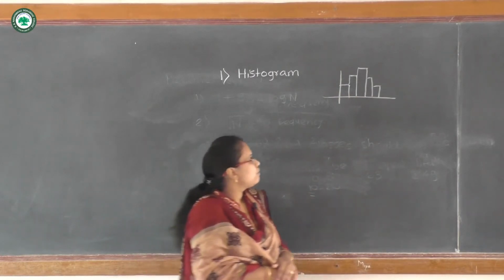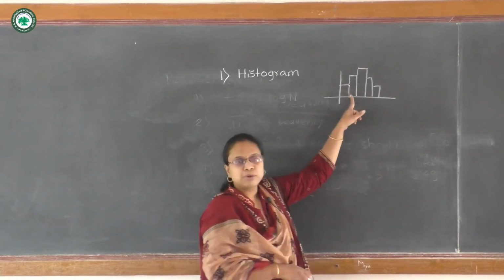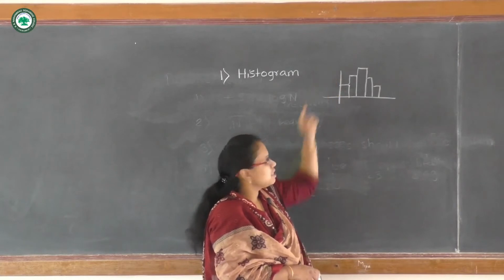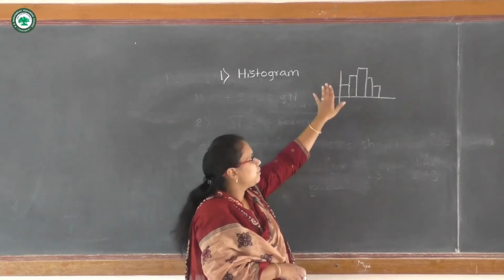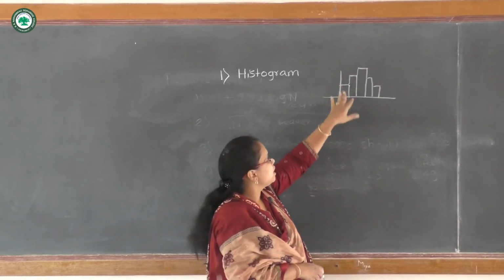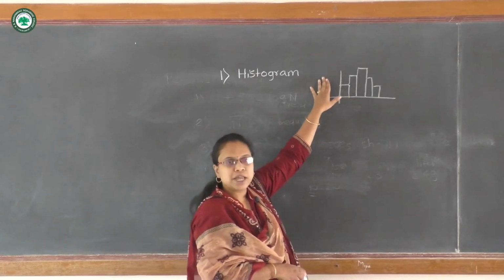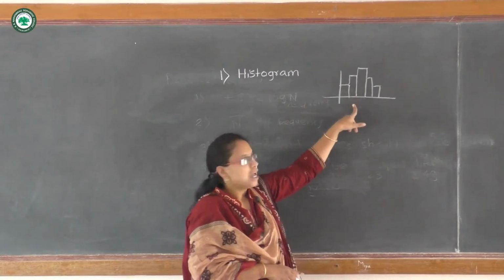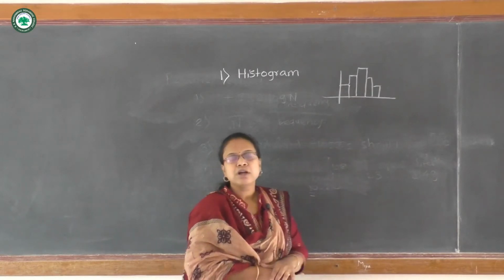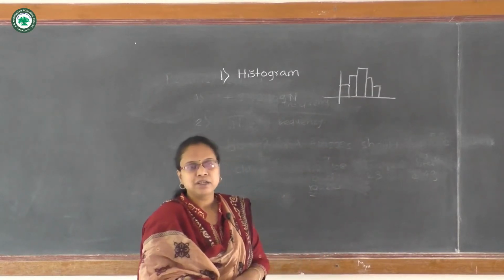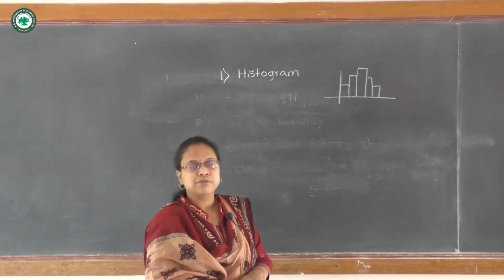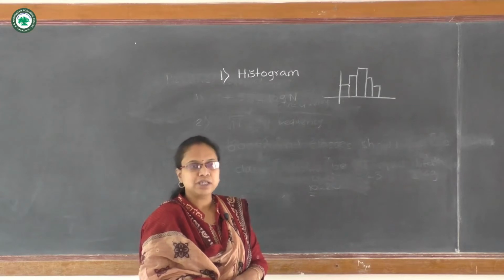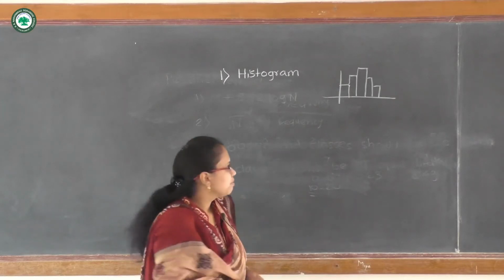Here the area of the rectangle is proportional to the class frequency, and the rectangle width is taken as the class width. Therefore there are two types: when the class widths are equal, and what to do when the class widths are of unequal size.